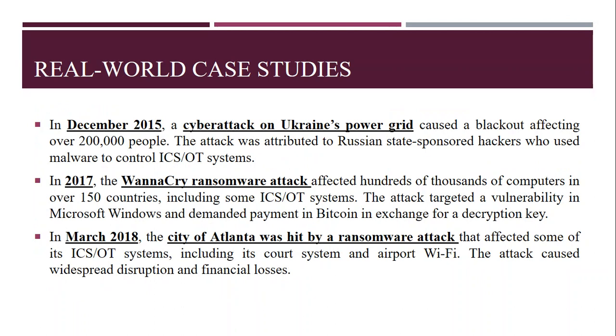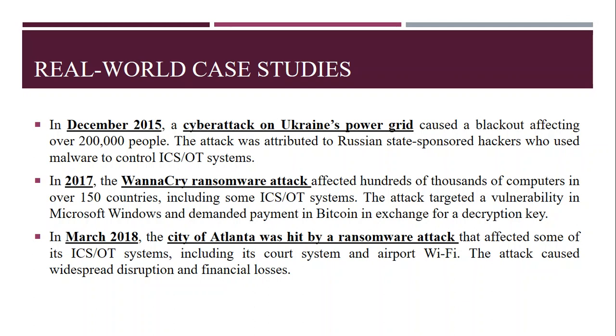In December 2015, Ukraine faced a power grid blackout, which affected nearly 2 lakh people, and which was attacked by Russian state hackers, who used malware to control ICS or OT systems.